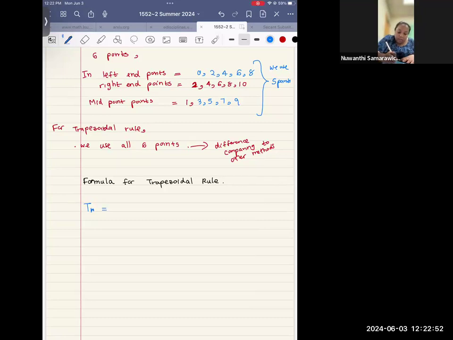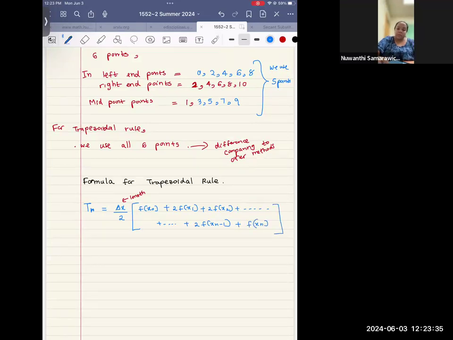So this is equal to delta x over 2, where delta x is again the length of a subinterval, times, in the brackets, f(x0) plus 2f(x1) plus 2f(x2), and it goes on like that, 2f(x_(n-1)) plus f(x_n).